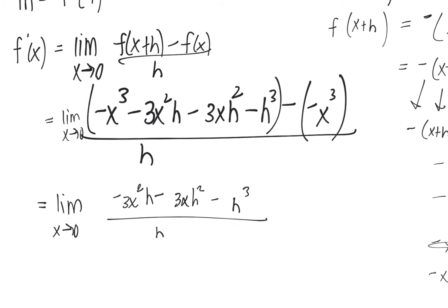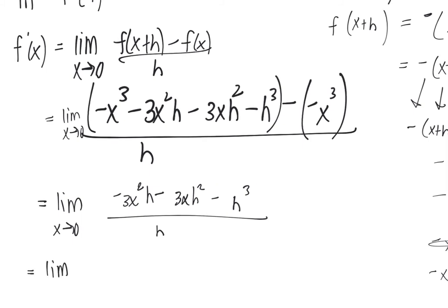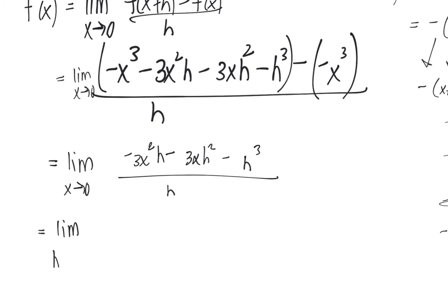And all of these have an h, right? So this h will cancel one from each of those terms to give me -3x squared minus 3xh minus h squared.